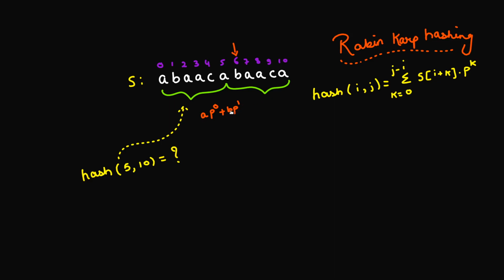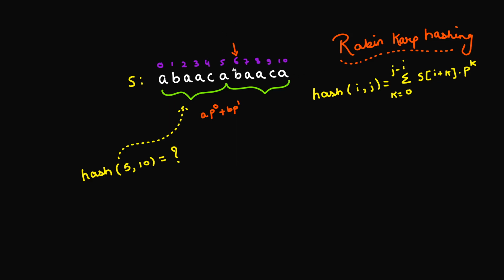So you see, every time we have these characters a, b, a, c, a, and so on, and we multiply all these characters' values with p raised to the power 0, p to the power 1, p to the power 2, and so on. Notice that, of course, these are numbers, not the actual characters a, b, a, c. So you can consider the ASCII value of a, b, c, and so on.